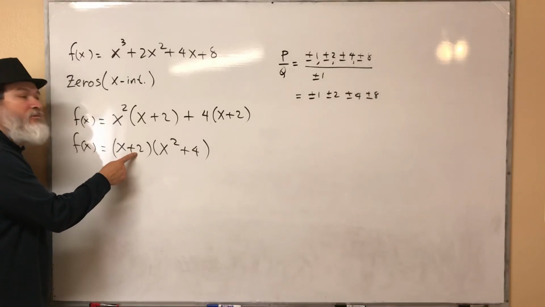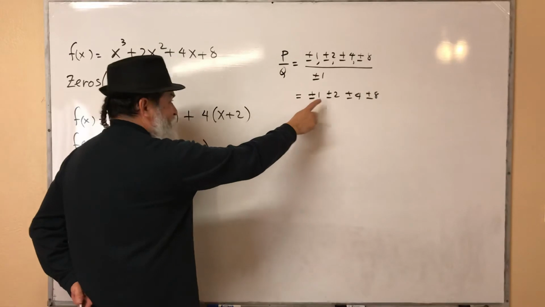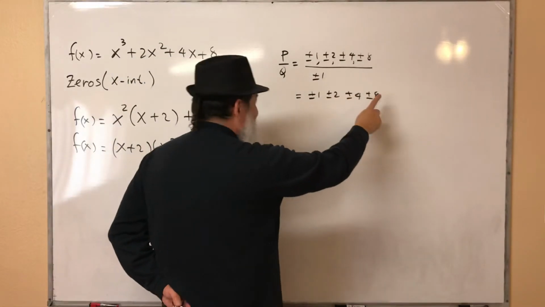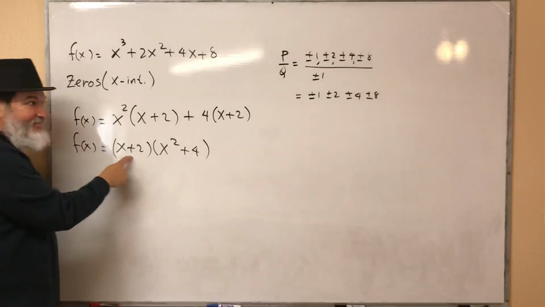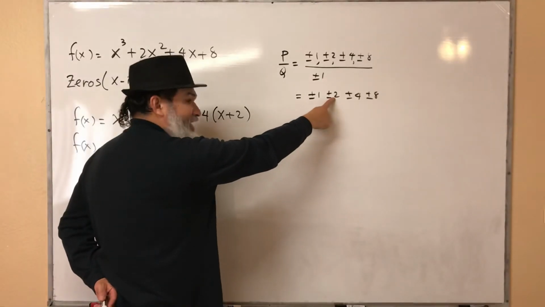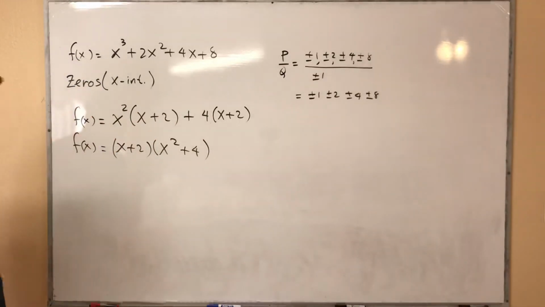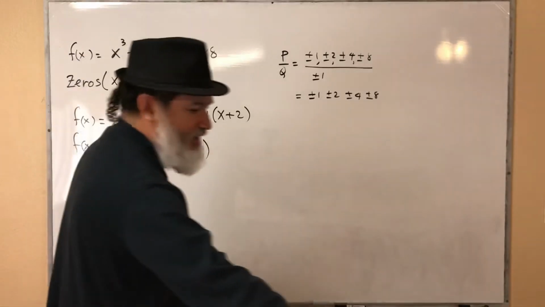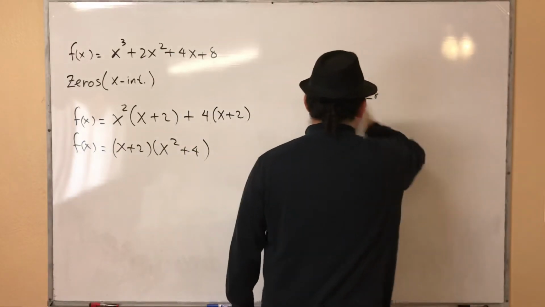Negative 2 is a zero, not minus 1, not minus 4, and not minus 8. Negative 2 is right there. So you could have done it that way. I'm not going to, because I already did it for you guys.